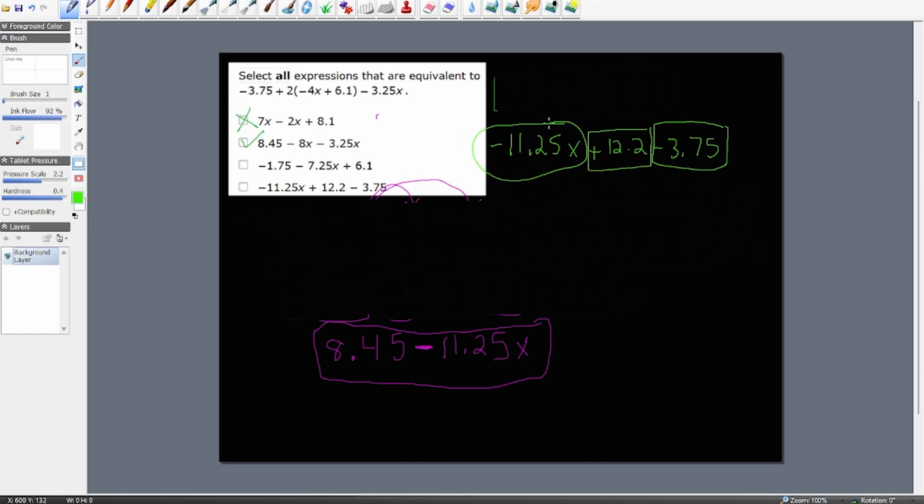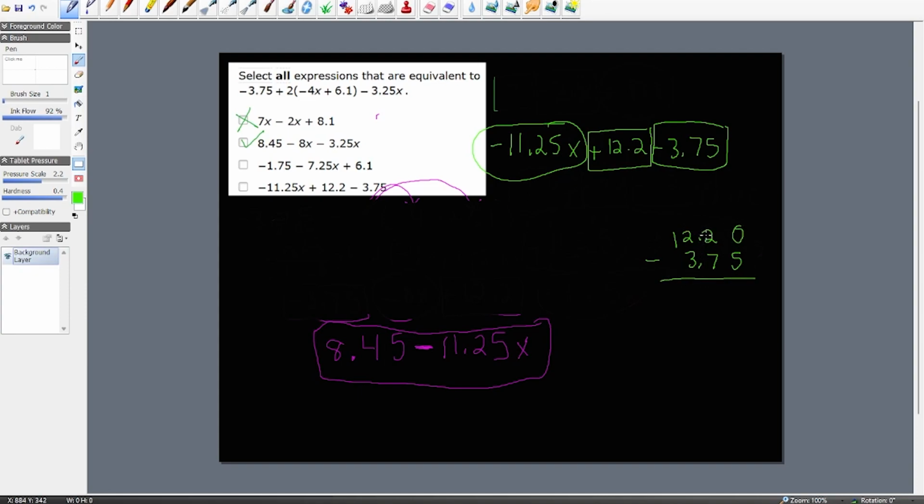Of course, I'm including the signs to the left each time. And so let's combine these two constants. We have a positive and a negative, so those are different. We're going to subtract and take the sign of the bigger number, so it's going to be a positive. So 12.2 minus 3.75. Just add a 0 here.